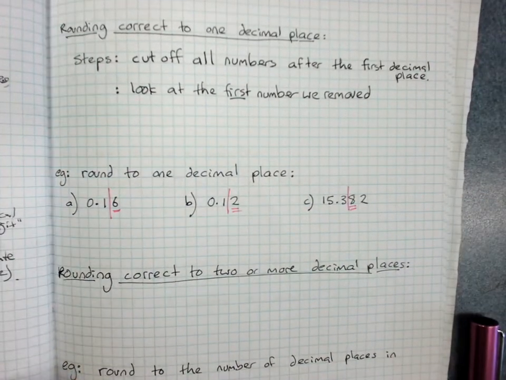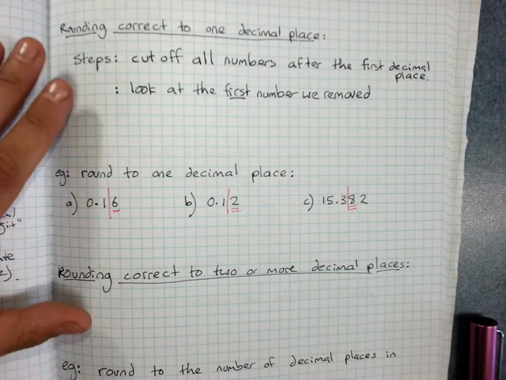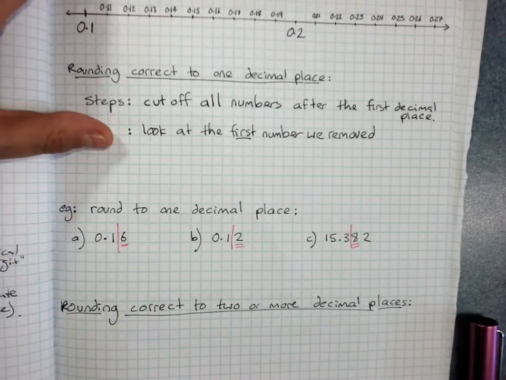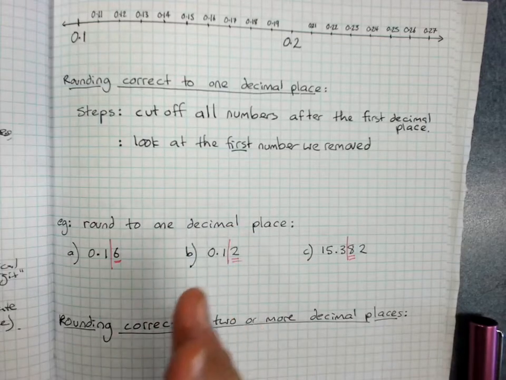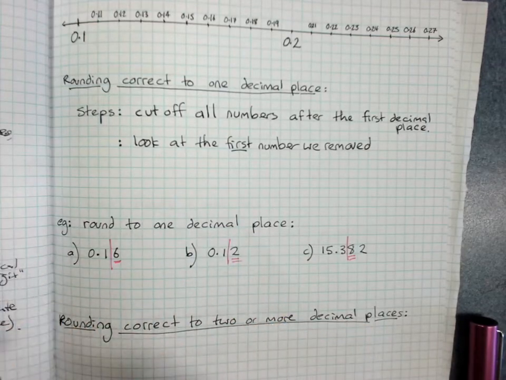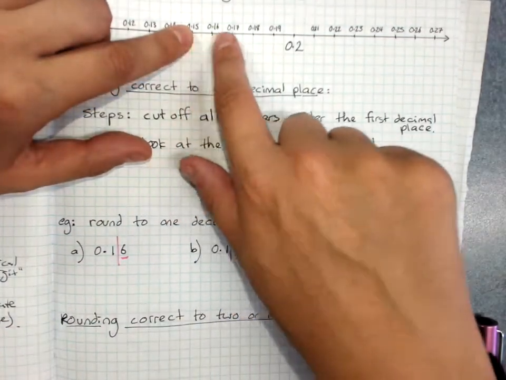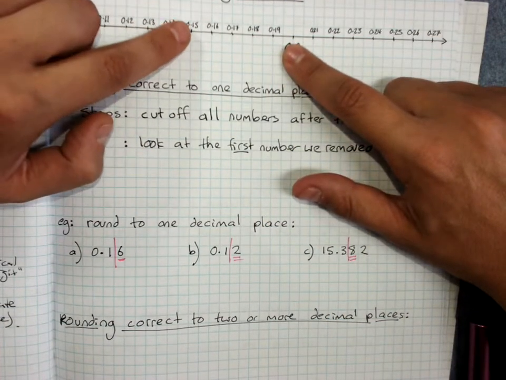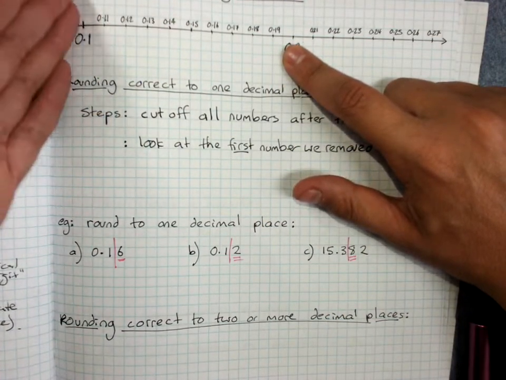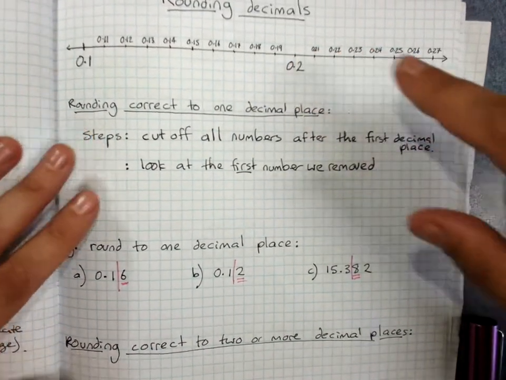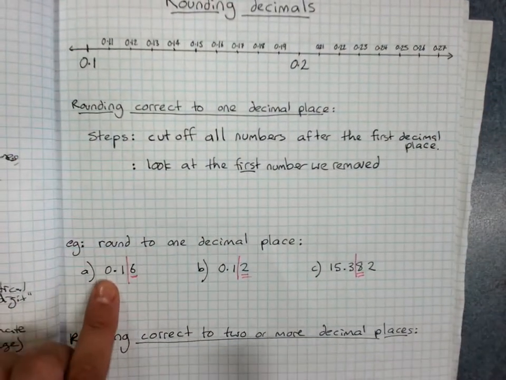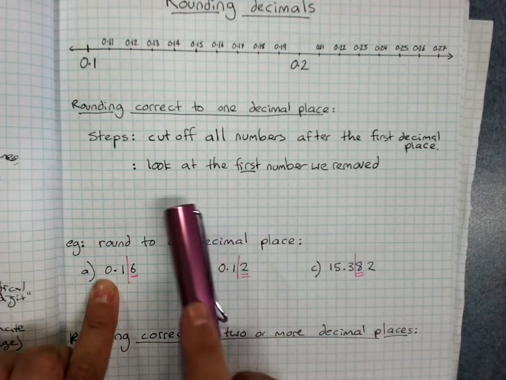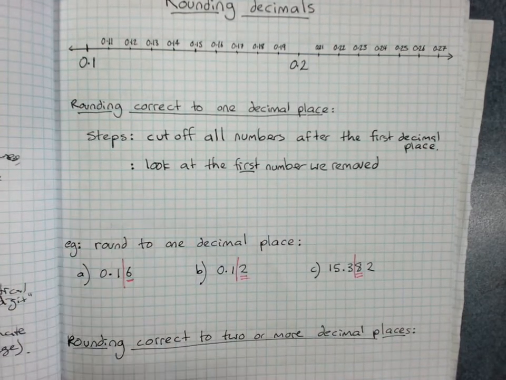Now you'll remember that we had a rule when we rounded to the nearest whole number. If the first number that we cut off was 5 or more, we'd round up. If it was less than 5, we'd just cut it off. We wouldn't go anywhere. So I'll write my third step in just a moment.